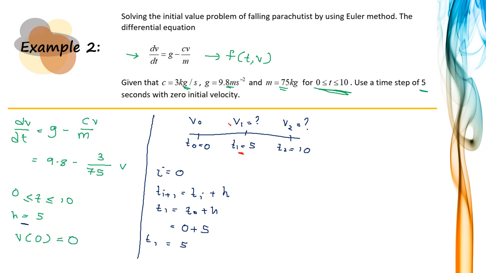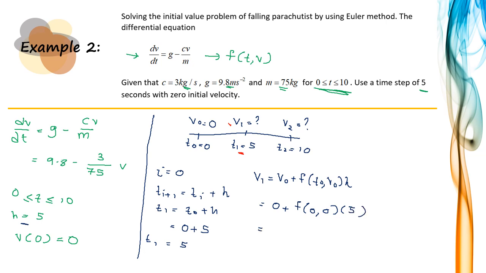Now, what is our v1? When i is equal to 0, v1 is equal to v0 plus f(t0, v0) multiplied with h. The value for v0 is 0 plus f with t0 equal to 0 and v0 also 0, multiplied with h, which is equal to 5.